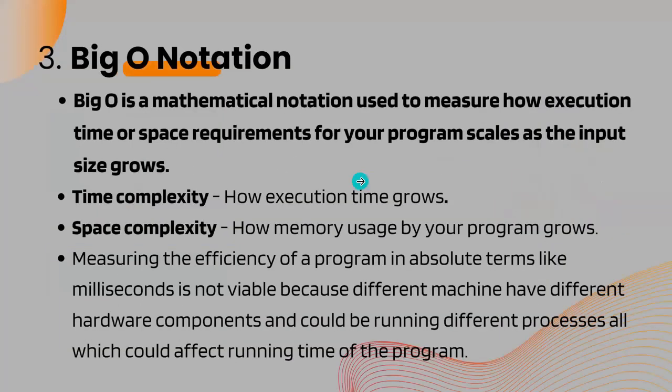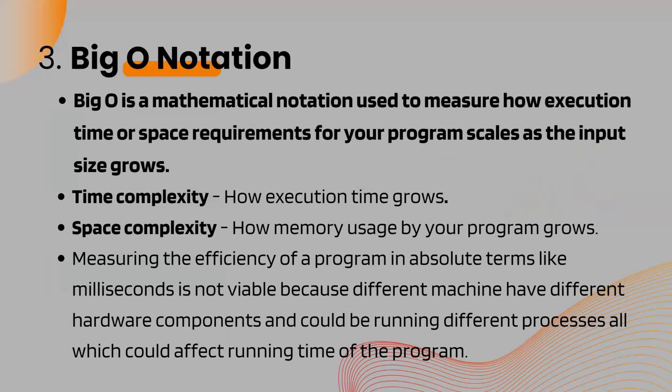And let's go ahead and now look at the big O notation, which is an asymptotic notation or mathematical notation used to estimate how execution time and the space requirements for a computer program grow as the input size grows.